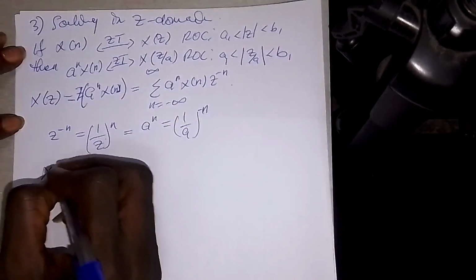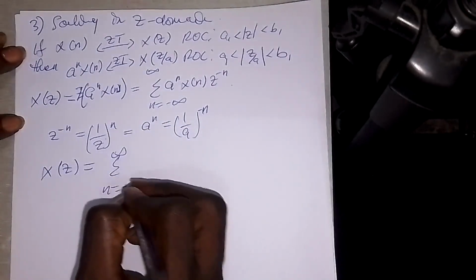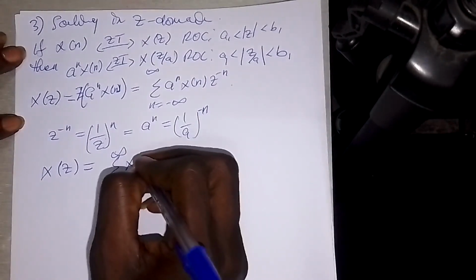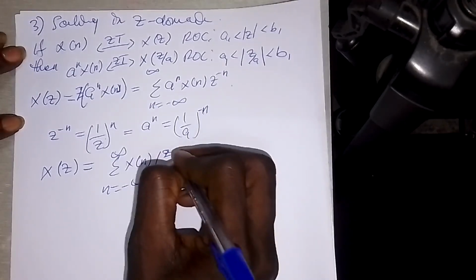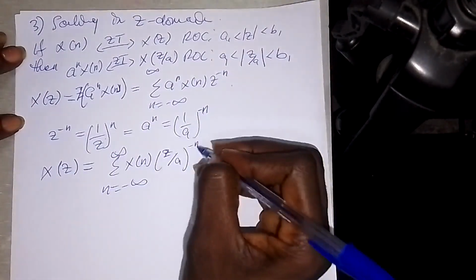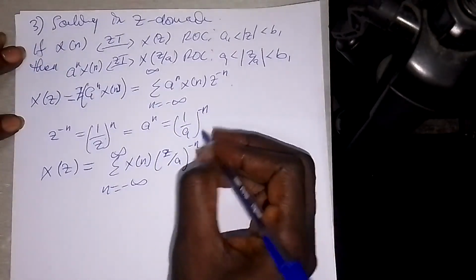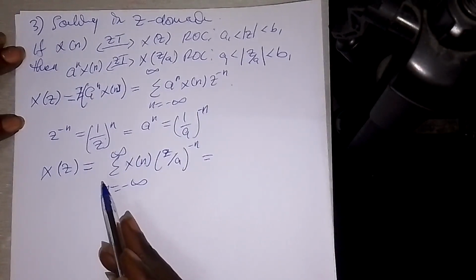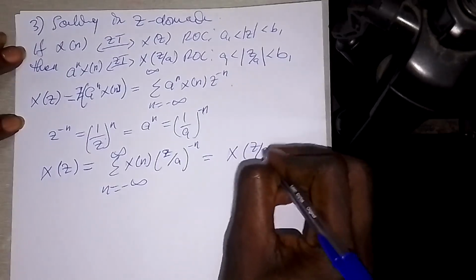So now, having that assumption in mind, I can rewrite my X of z to be equal to the summation, n equals minus infinity to infinity, of x of n, and here I'll write z over a to the power minus n. I can rewrite it this way. Now you know that this one and this one constitute one Z transform. So I'm just going to have a Z transform of x of z over a.